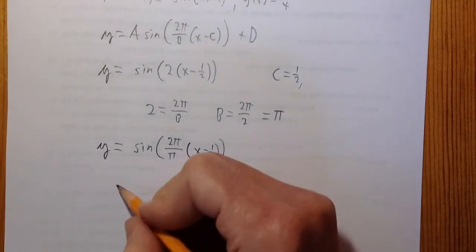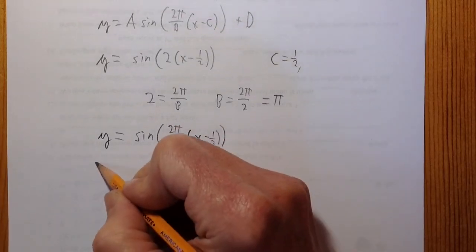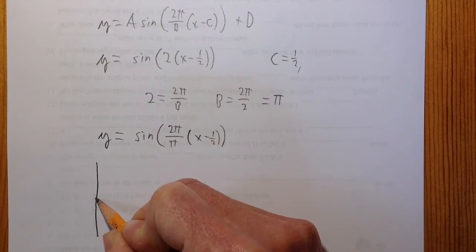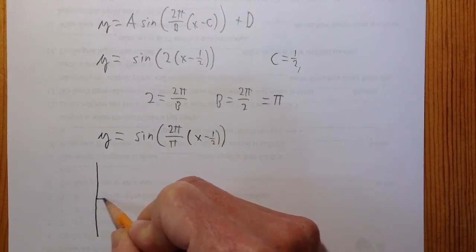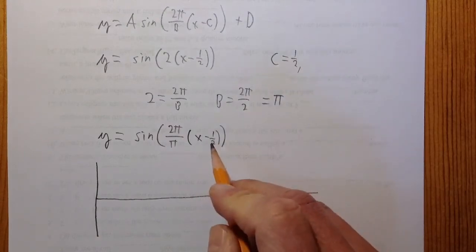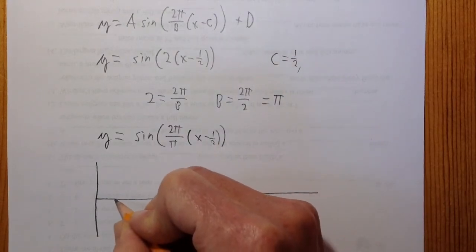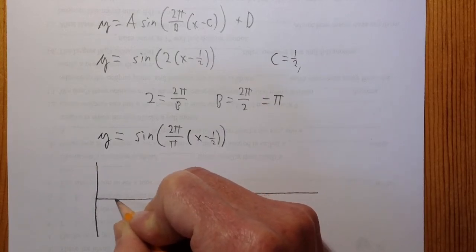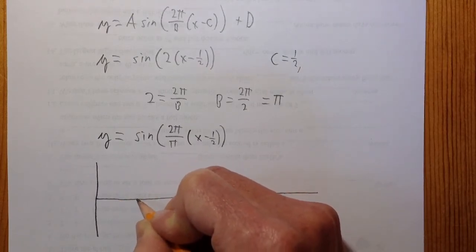Okay, so now they want us to graph this. Again, you can draw a reasonable graph without graph paper. Graph paper helps. I'm going to start at 0, but we can go negative. Period of pi, but it starts at 1/2. So let's do 1/2 here. Let's put the axes here.